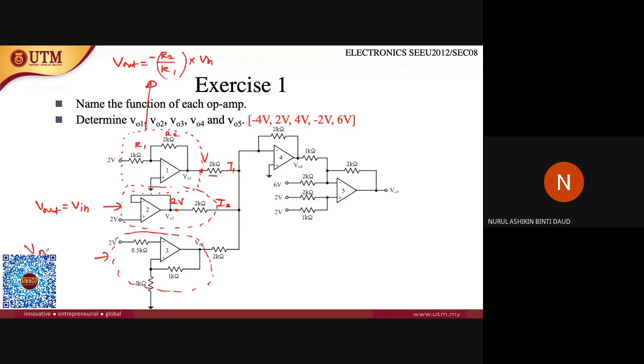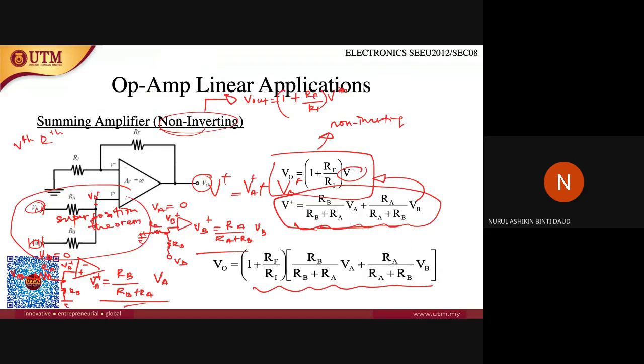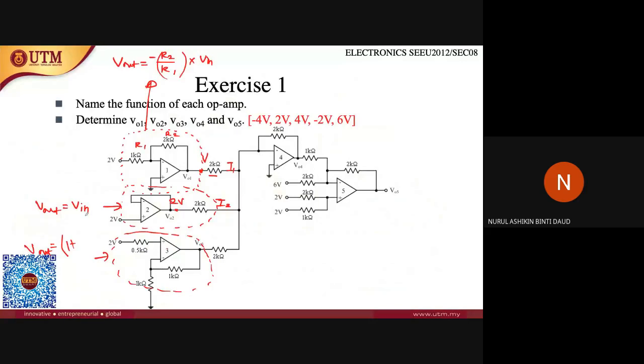V out is equal to 1 plus RF over R1, times V input. This is RF. This is R1.